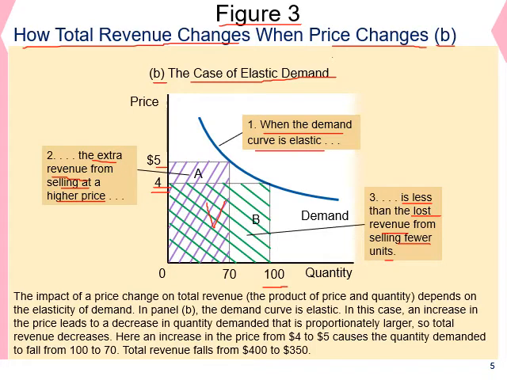So therefore, area B is greater than area A. For instance, if the price increases to $5, the quantity sold is 70 units, 5 times 70, that's $350. So minus $400, that's $50. So revenue will decrease by $50 because the demand curve is elastic.